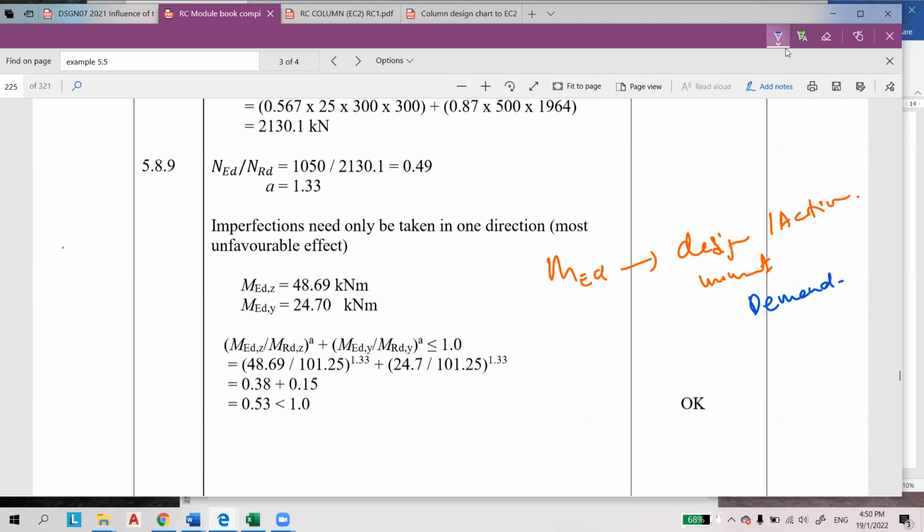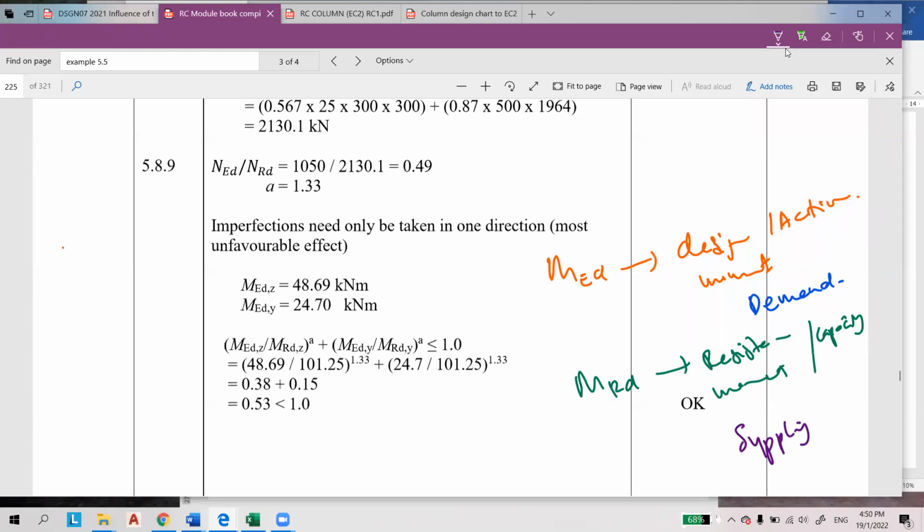And MRd, either y or z, is the resistance moment, or the capacity, or in simple words, this is known as the supply.